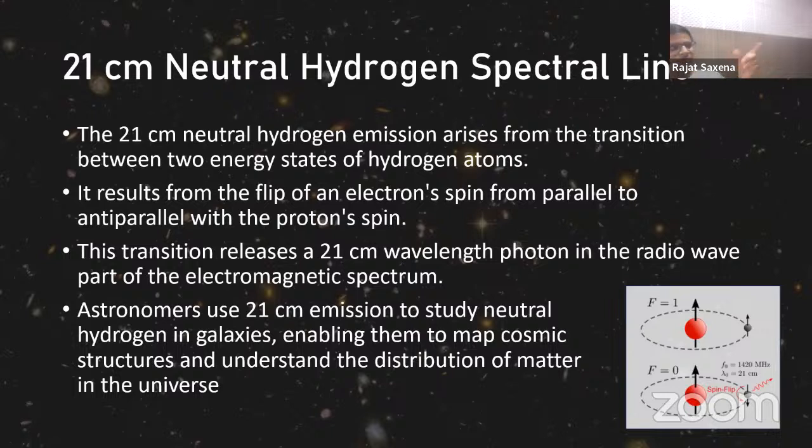Due to this transition, a radio wave is released, and the frequency of that radio wave is 1420 megahertz, which is roughly 21 centimeters. This is used by astronomers for finding the rotation curve, velocities, etc. So, where is this neutral hydrogen present?